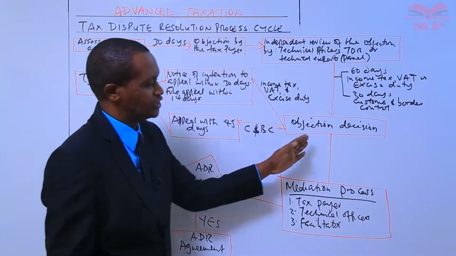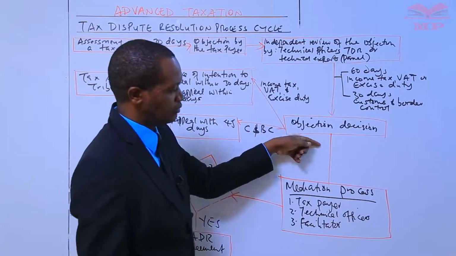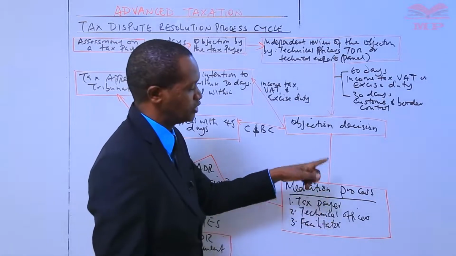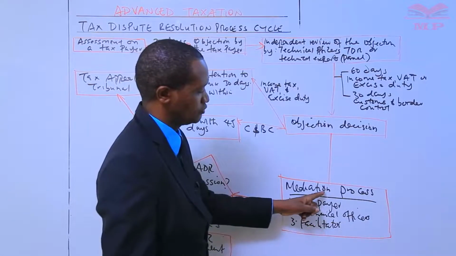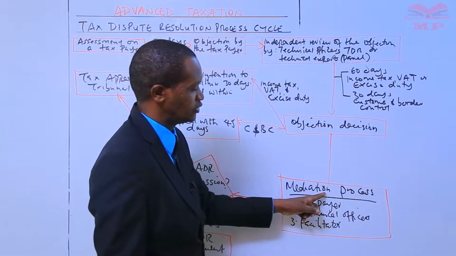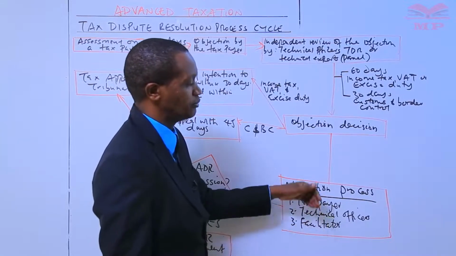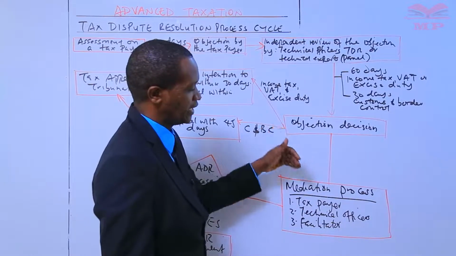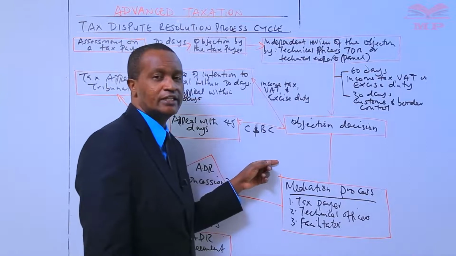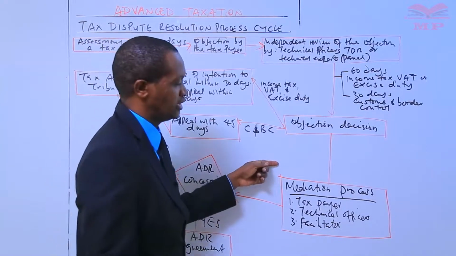Another alternative is to go the mediation way, alternative dispute resolution. We learned how application is to be made in our last lesson. We saw the procedure on applying for the alternative dispute resolution under the KRA framework.